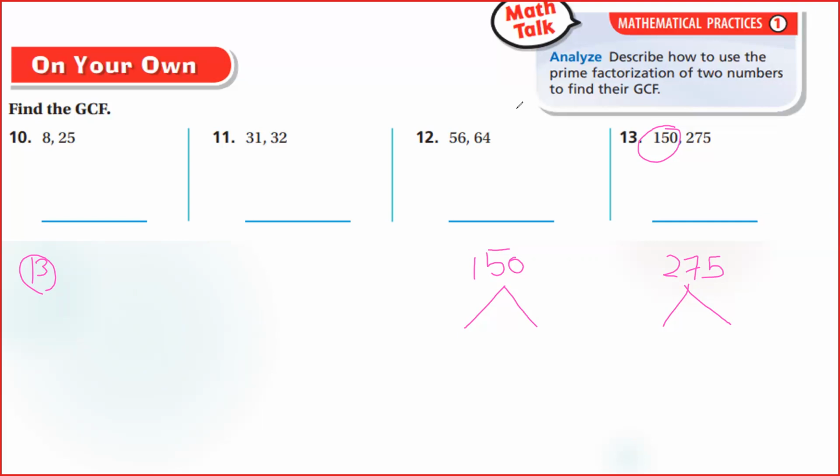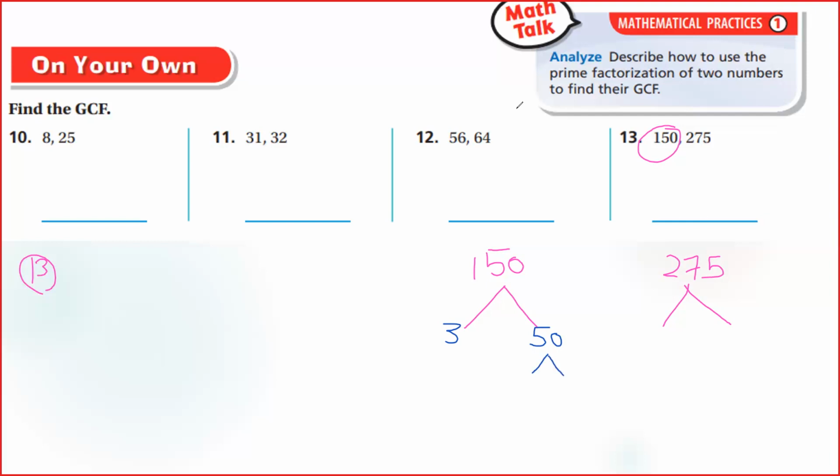Now, let's start with 150. Give me two numbers that you multiply to get 150. 3 and 50. Then 3 is prime, I will stop. Now 50.